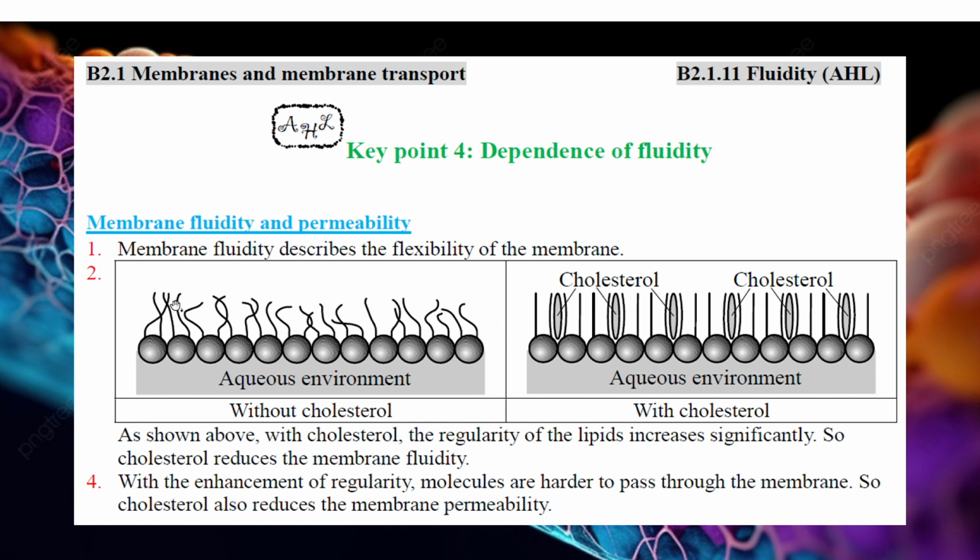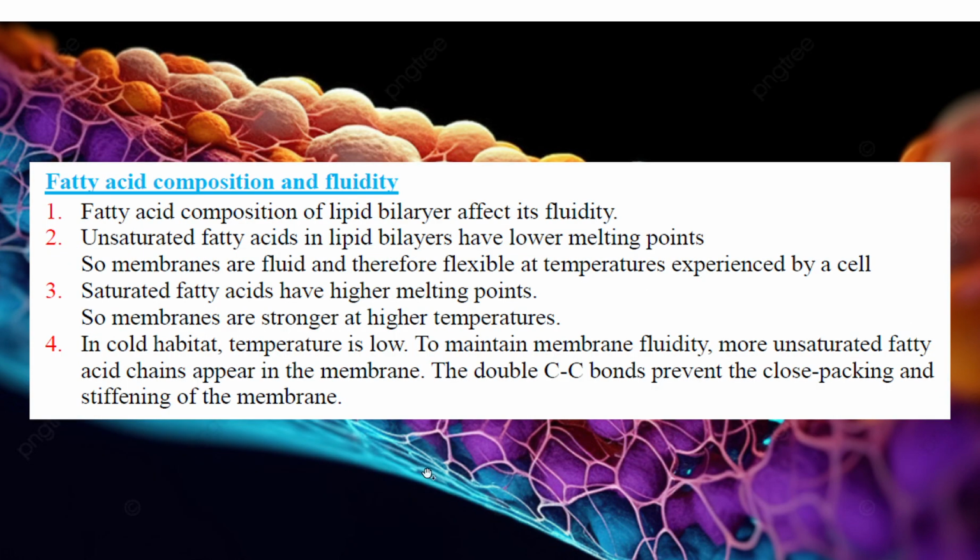How can it be regulated to become not so fluid and not so permeable? It is helped by the cholesterol. Inside the model, cholesterol enhances regularity, so molecules are harder to pass through the membrane. So cholesterol also reduces membrane permeability. Both fluidity and permeability are reduced because they are too high.